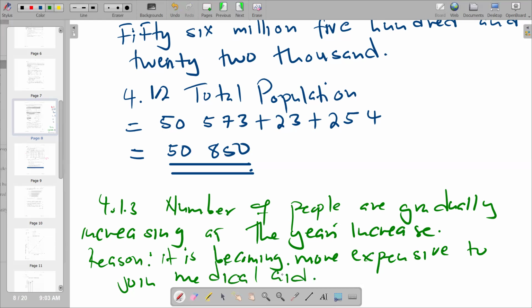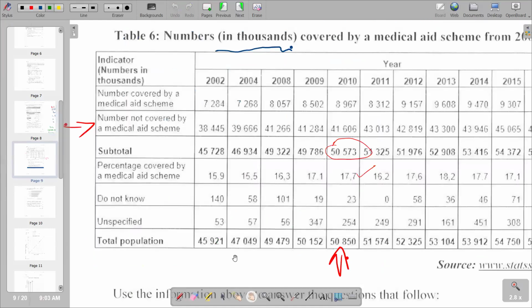It is becoming more expensive to join medical aid, so that is the reason. So we go and see the next question that we have.